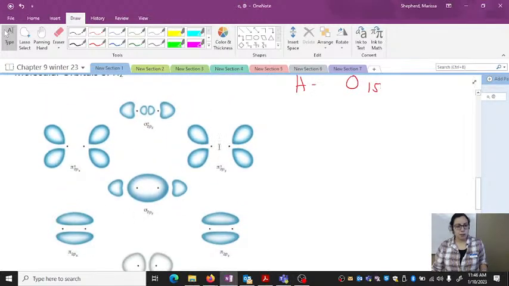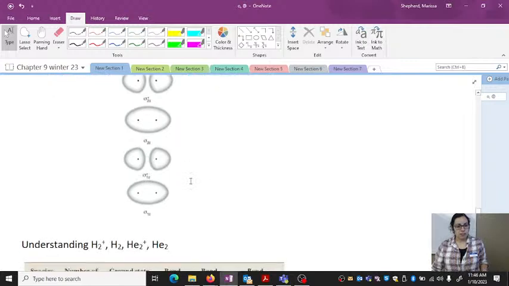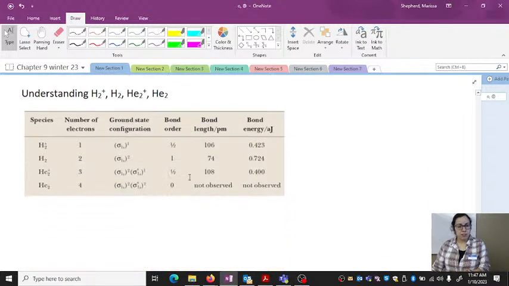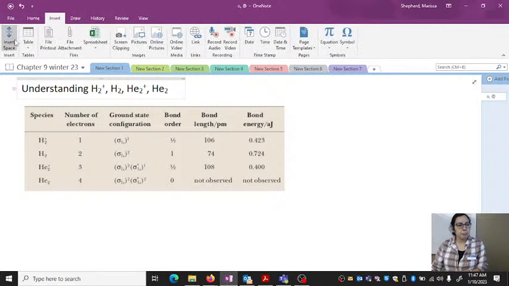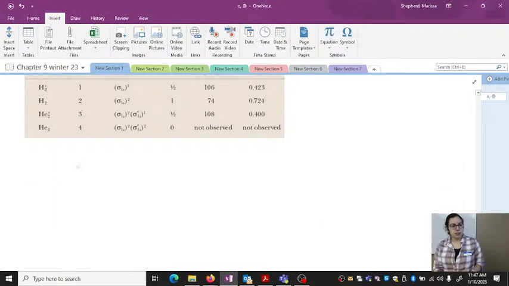Let's actually go back to this, because if we start here, it'll be complicated. Let's just start with H2 plus. Again, all we really care about is the 1s orbital.